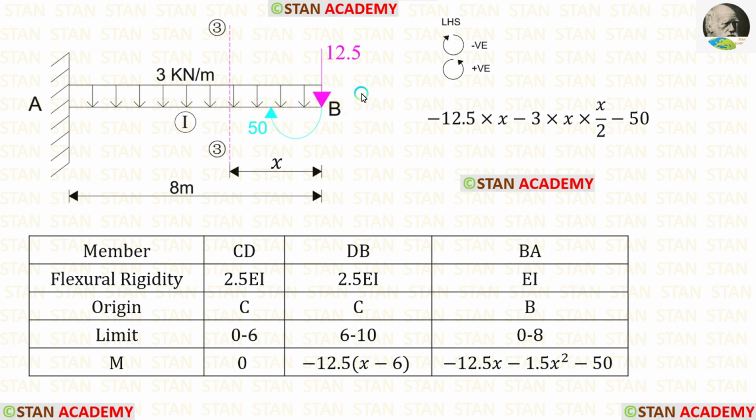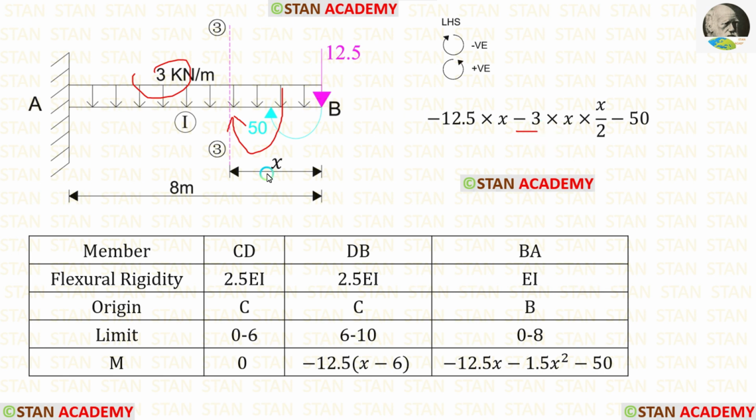Now let us find the moment in the section. This 12.5 kilonewton is acting in the clockwise direction, so it will be negative and the distance is x. The UDL is also acting in the clockwise direction, so it is also negative.